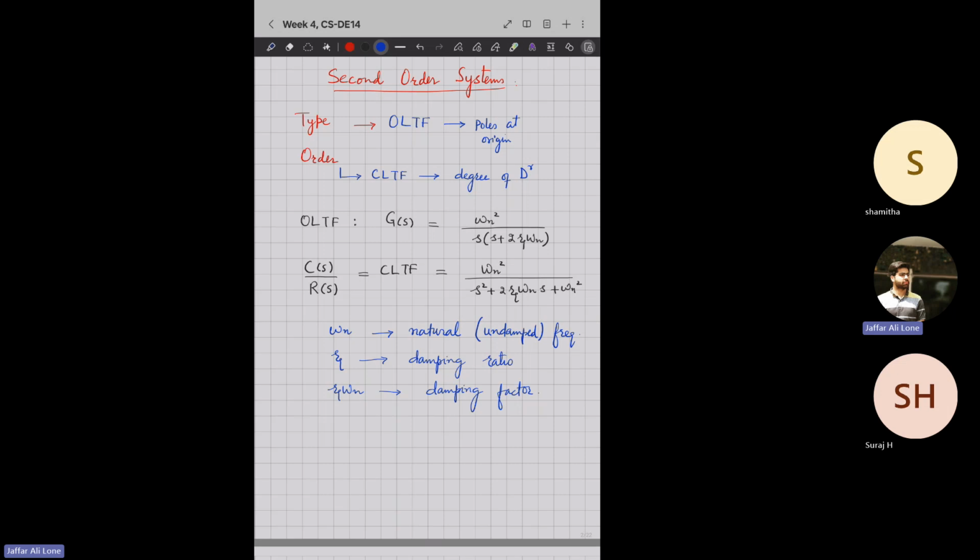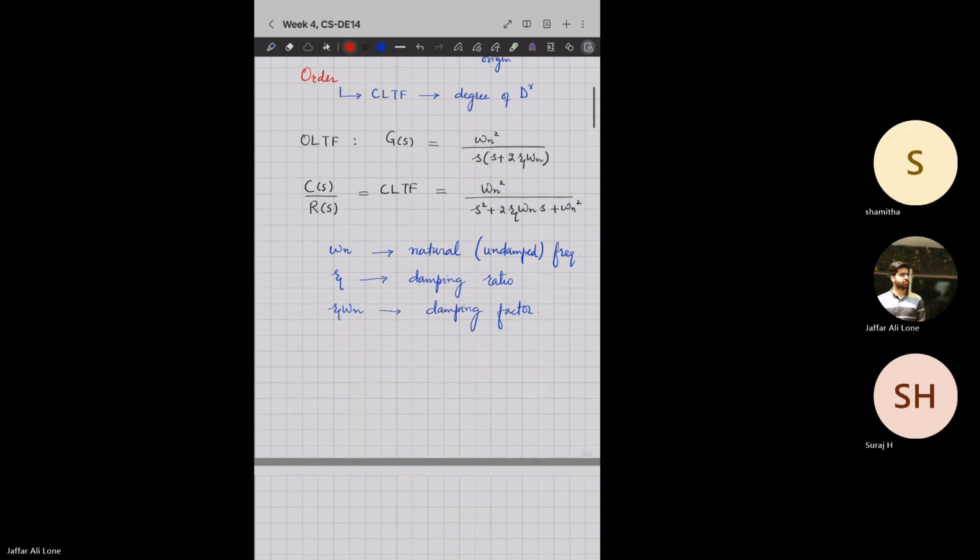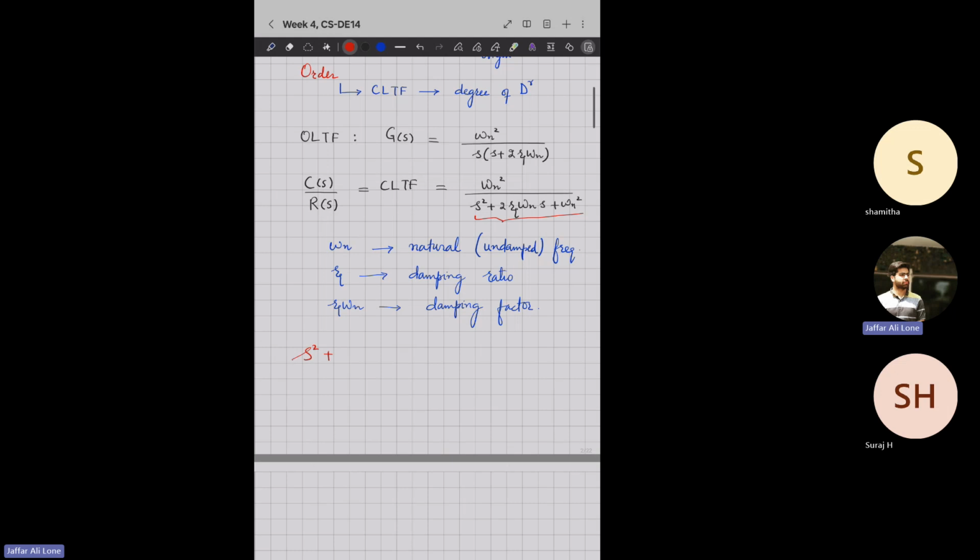Now if we see the denominator of this second order system, it's s squared plus 2 zeta omega n s plus omega n squared. If I put it equal to 0, this becomes the characteristic equation of the second order system. The order of s is 2, which means we will have two poles, two roots for this equation.